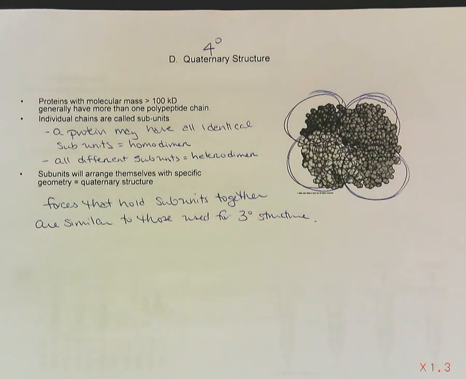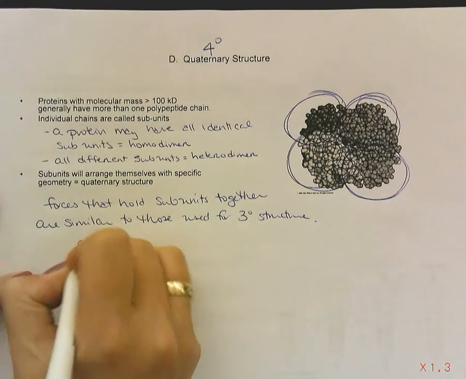The forces that hold our subunits together in a quaternary structure are similar to those used for tertiary structures. Anyone remember from 48 hours ago any of the forces? We could use a covalent bond.